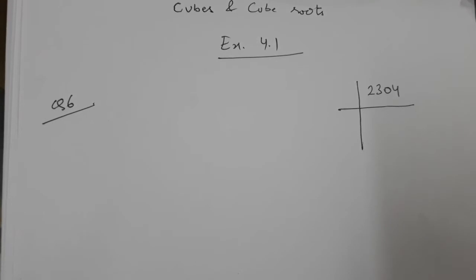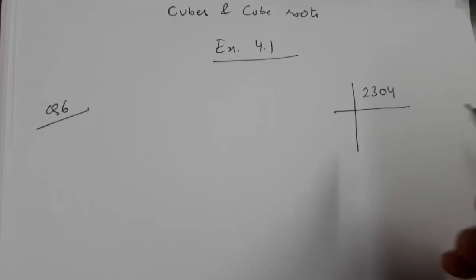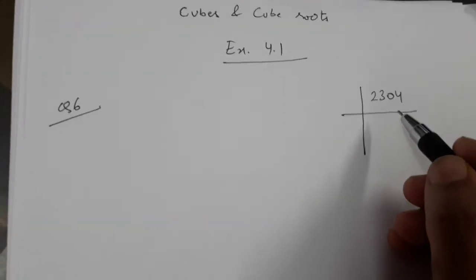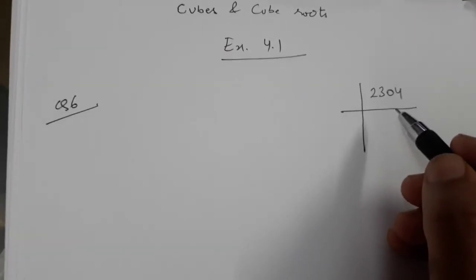Question number 6: find the smallest number by which 2304 should be multiplied so that the product is a perfect cube.